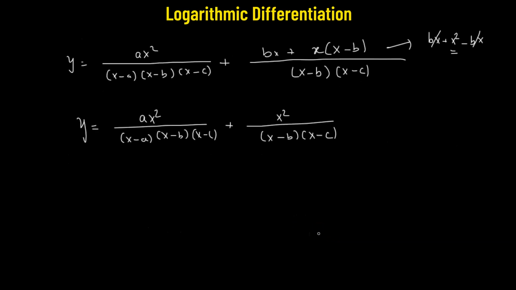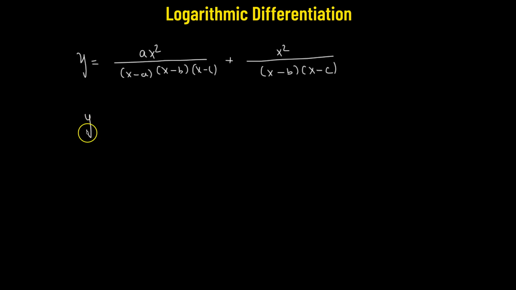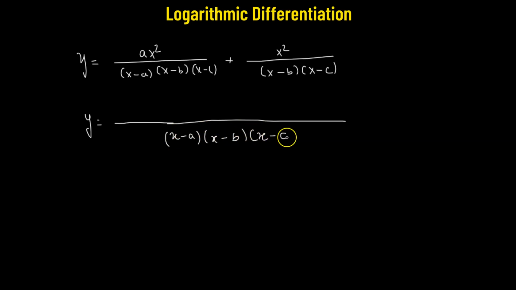Now what we'll do, we'll combine the first term and the second term, and that's going to give us y equals to, so we have the common denominator, which is x minus a multiplied to x minus b multiplied to x minus c. So in the numerator we have ax squared as the first term, and in the second term we have x squared multiplied to x minus a.